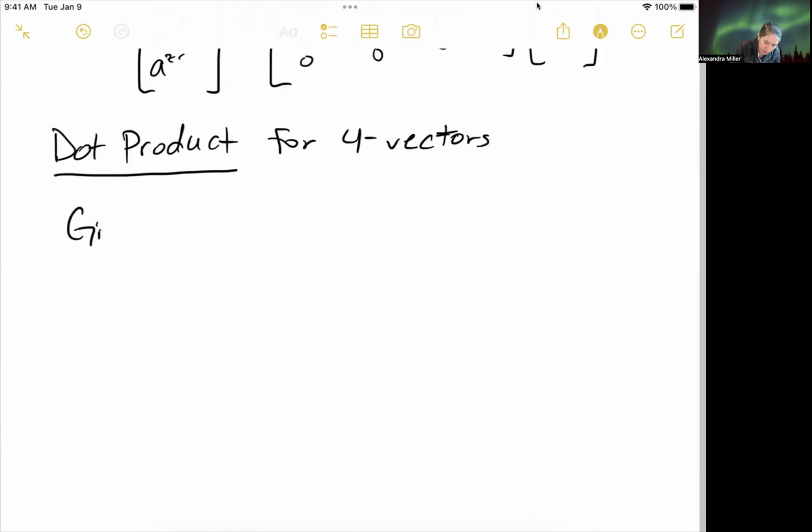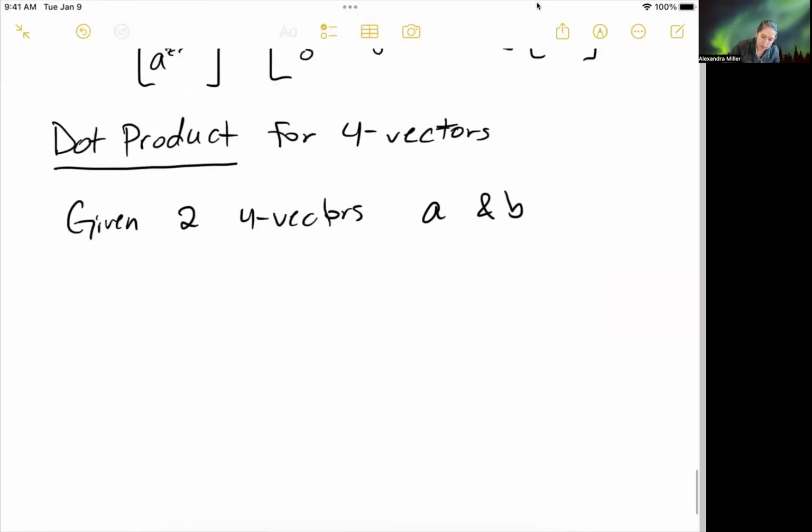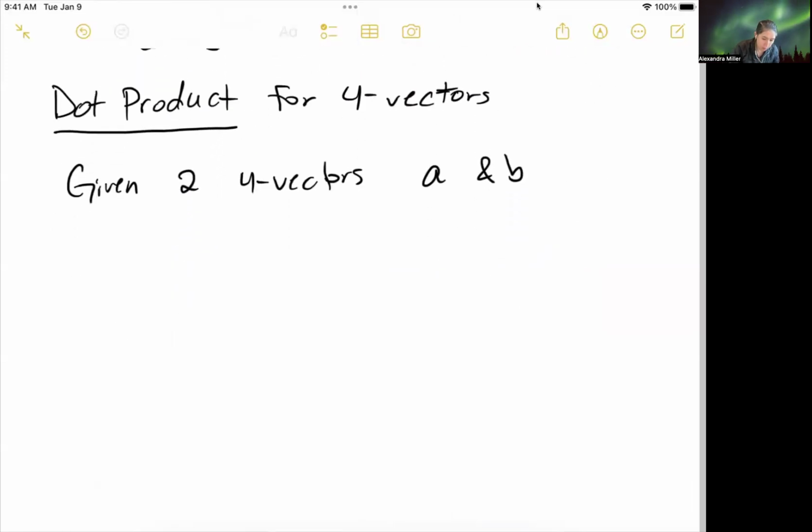So given two 4-vectors, and I'll call them A and B, with components just like the ones I wrote for A above. The dot product between these two objects is given by, we multiply our first components together, that is, our time components, and then we subtract out all of our spatial components.